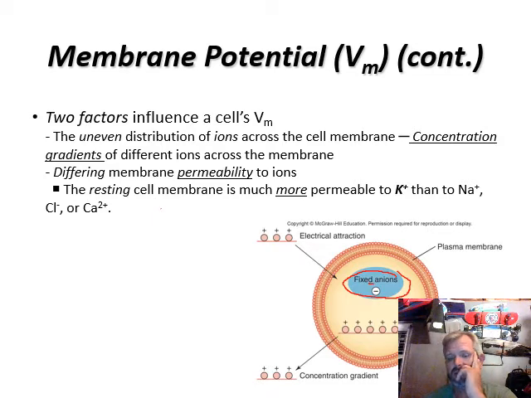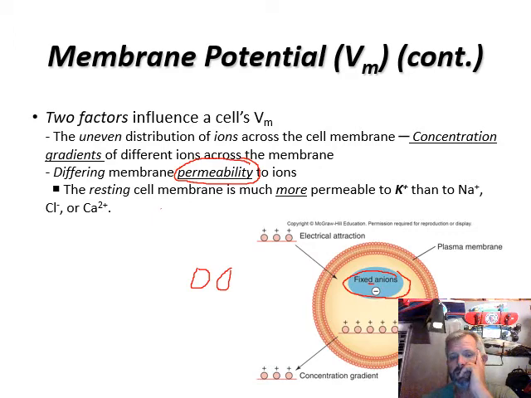So again, that helps create a more negative environment inside. But what we said is the differing permeability to ions. And what did we say? There were more potassium leak channels, and leak channels are open. They're not gated. They are open channels.